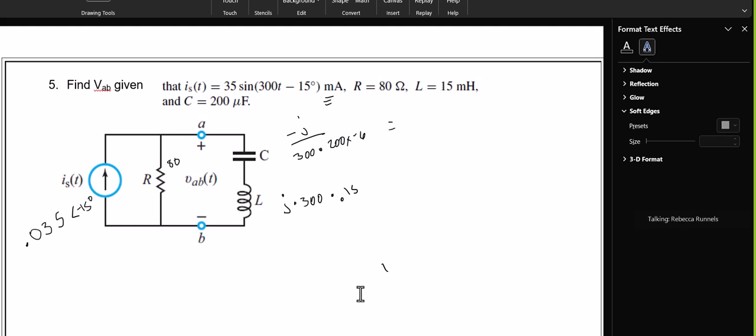That gets me, it's times 10 to the negative 6, so I have negative 16.67j, and y'all check me on these, for the capacitor, and j45 for the inductor.